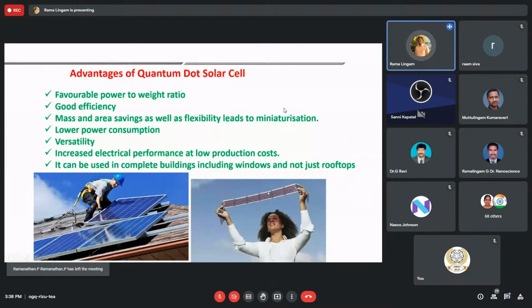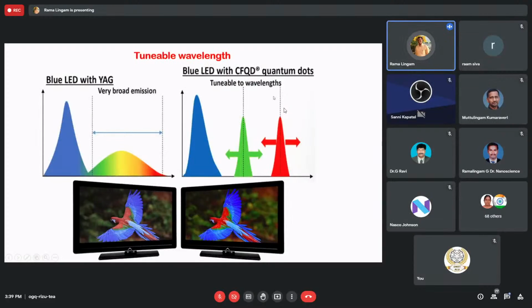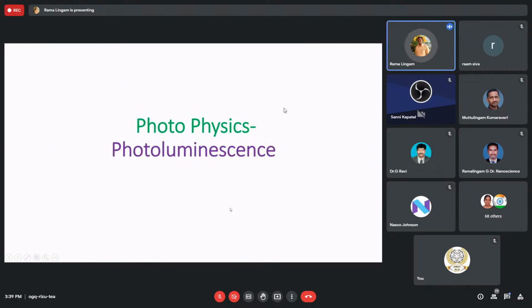But for flexible solar cells, quantum dots are best. That's the main interest about quantum dots. Using this tunable wavelength, each wavelength can be easily tuned with the help of quantum dots, so these materials can be used in smart displays, LED displays, etc.